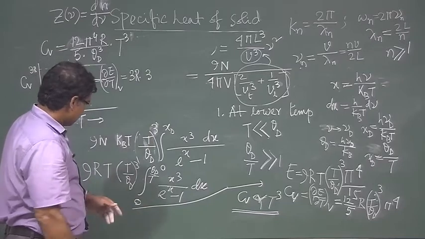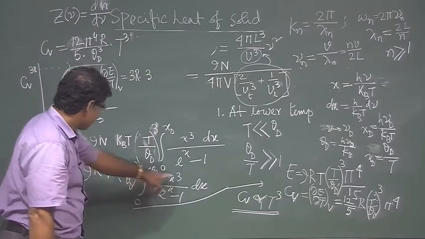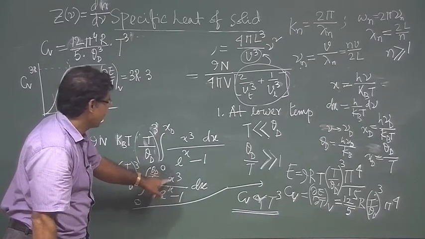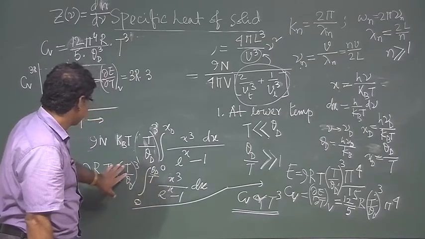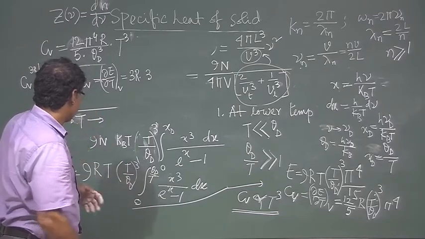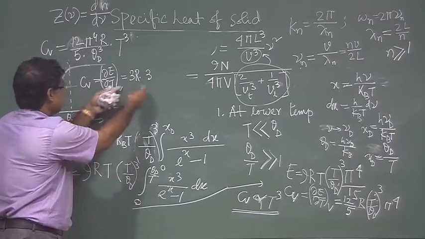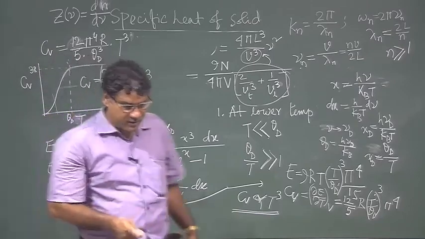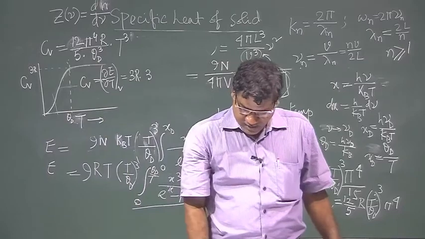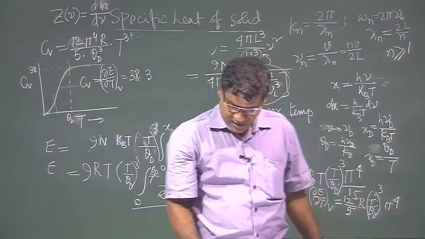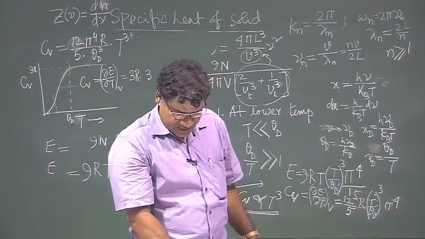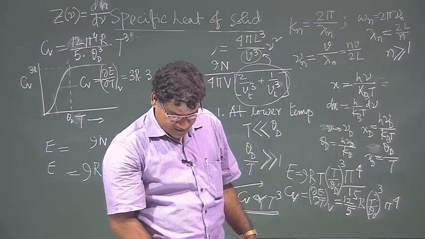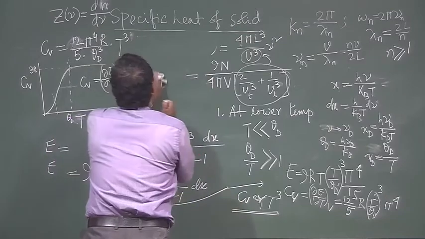You see this also contains x, that is hν by k_B T, and outside also T is there. So, if you differentiate this one, I am just writing the result. I will not do that, but please you can try to do that. So, it comes generally like this.